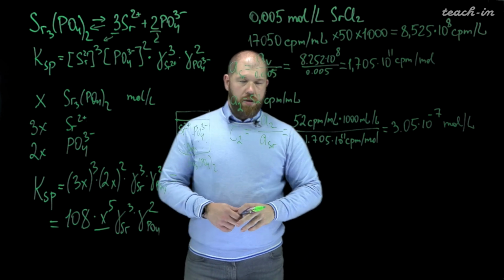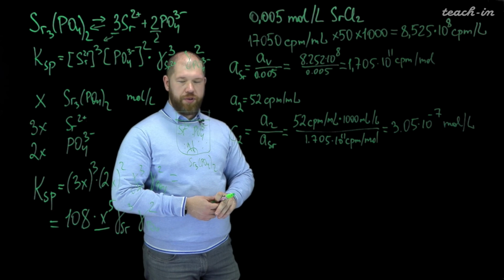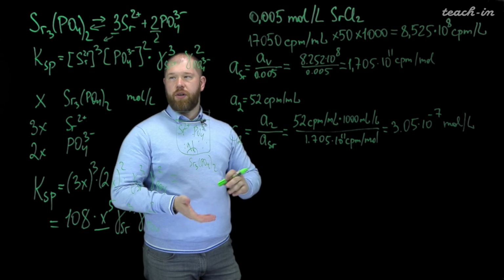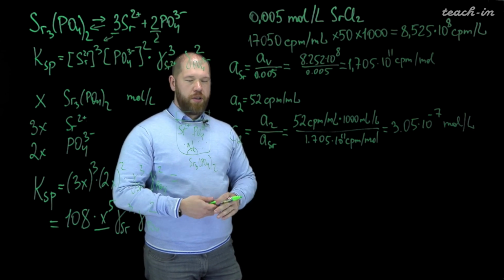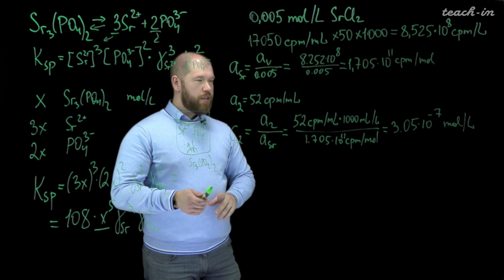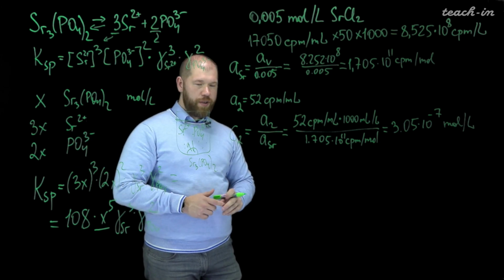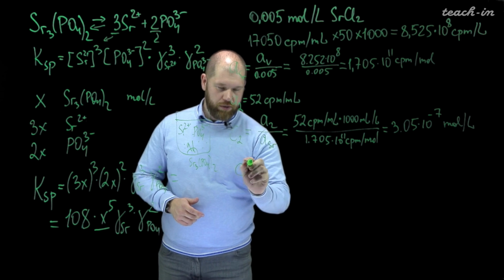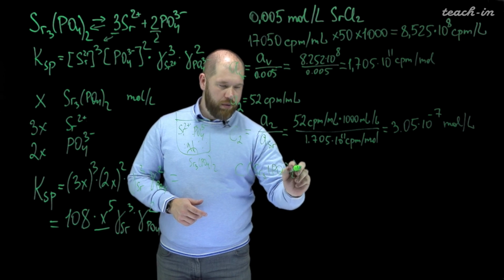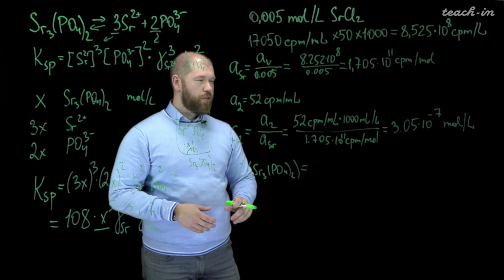Okay. Now we know the concentration of strontium, and we should recalculate it to the solubility of strontium phosphate. And we see that this X, the concentration of strontium phosphate, will be 3 times lower than the concentration of strontium.